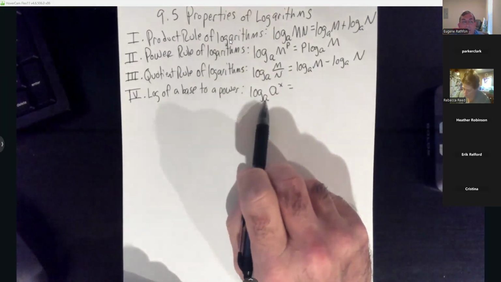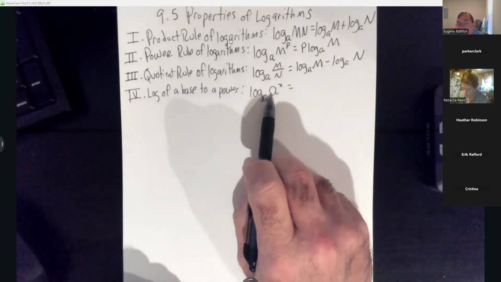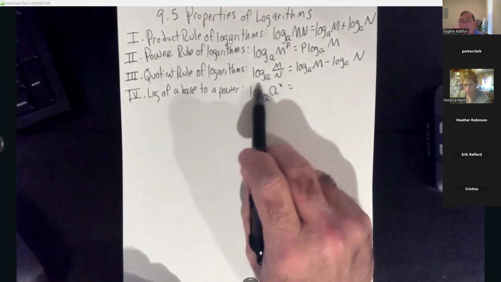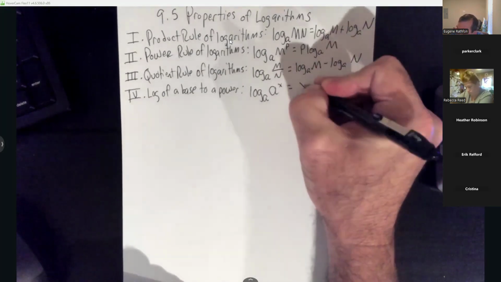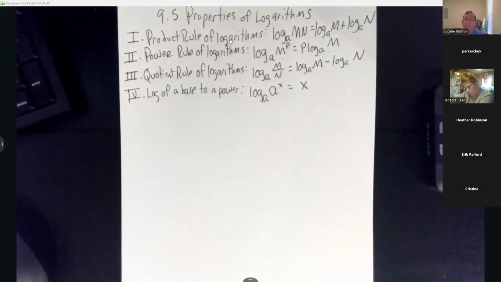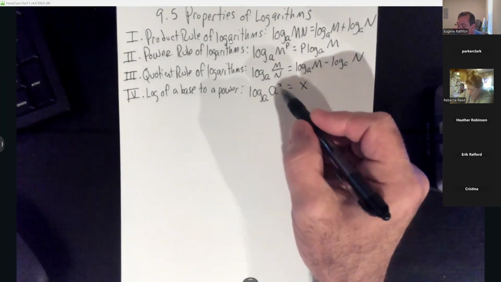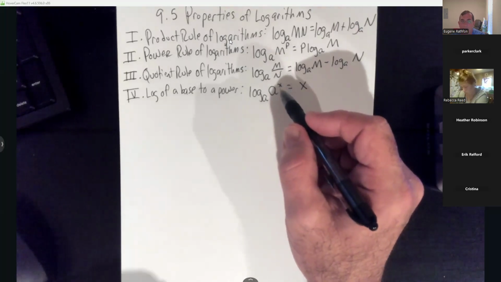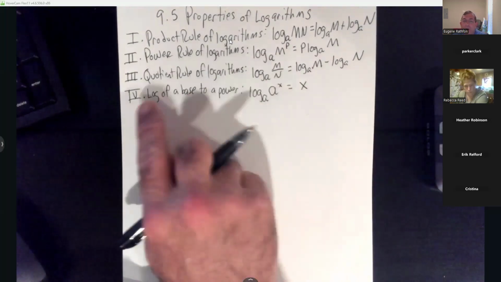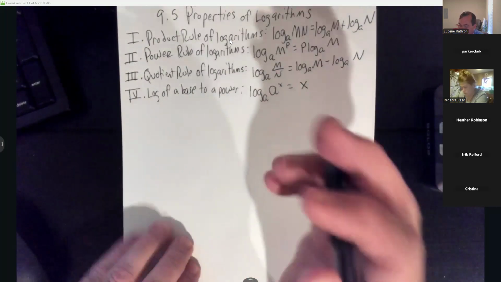So I'm taking a log base a with that base raised to an exponent. Well, last week we learned that this, in the long run, equals x. So it's just always going to equal that exponent when the base of the logarithm matches the base raised to an exponent, okay? So we got to recall this property on these examples.